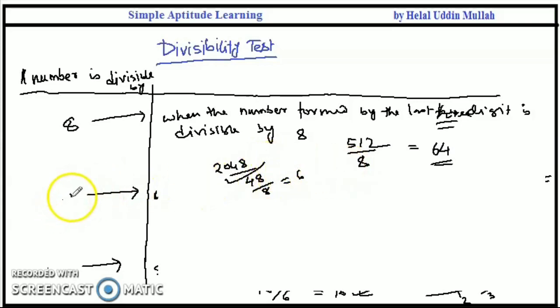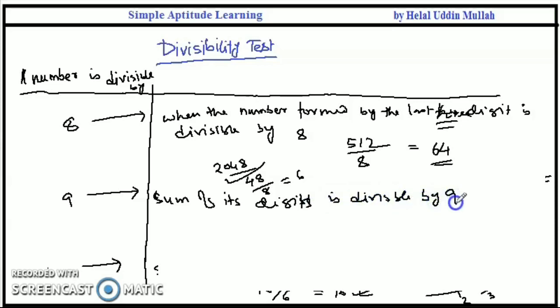Similarly, for divisibility by 9, a number is divisible by 9 when the sum of its digits is divisible by 9.